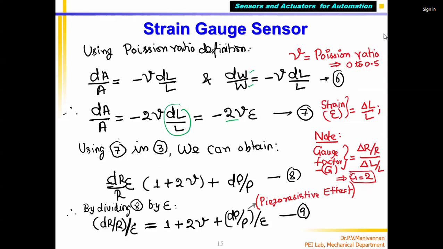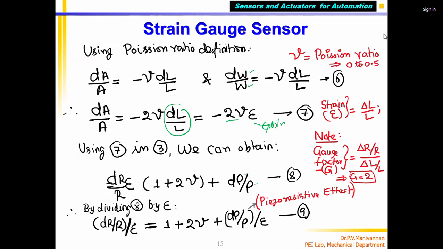Using this value, dA by A equal to minus 2 nu epsilon. In equation 3, we can obtain dR by R, change in resistance by R, equal to 1 plus 2 nu into d rho by rho, the resistivity.